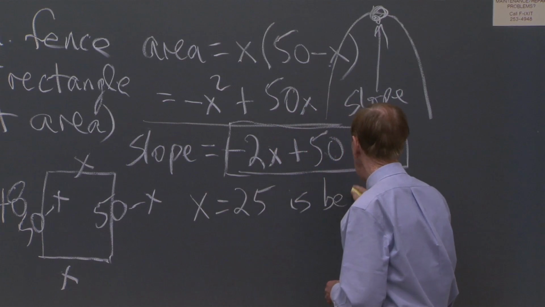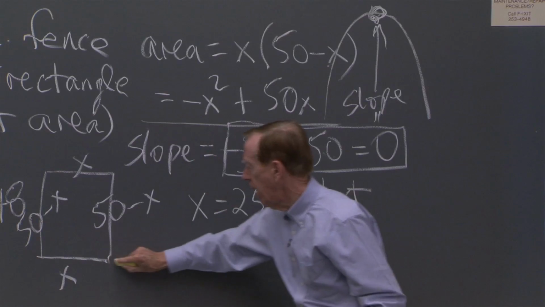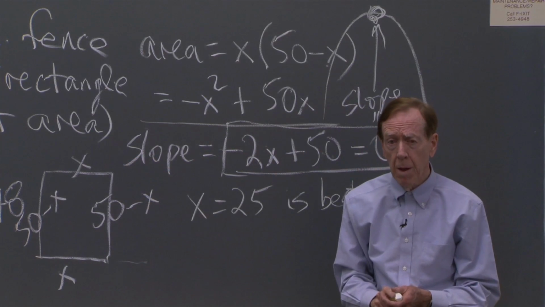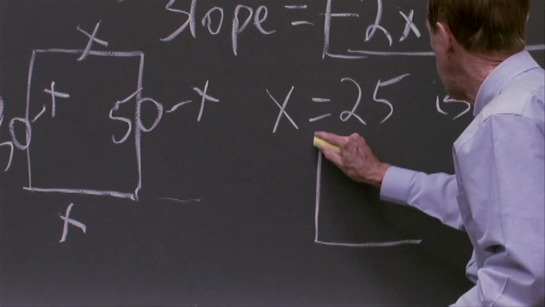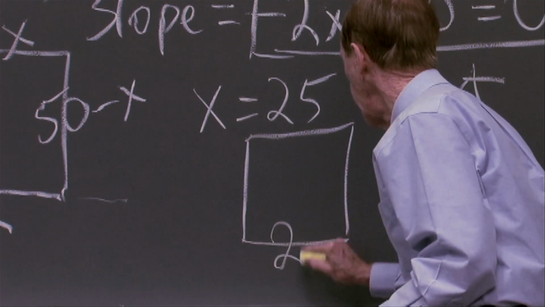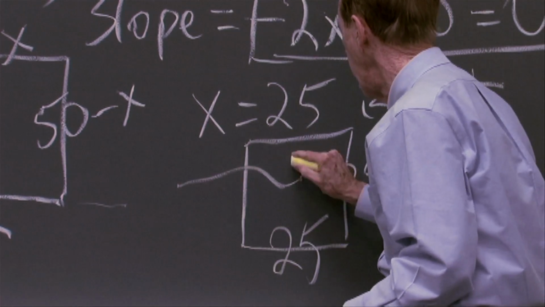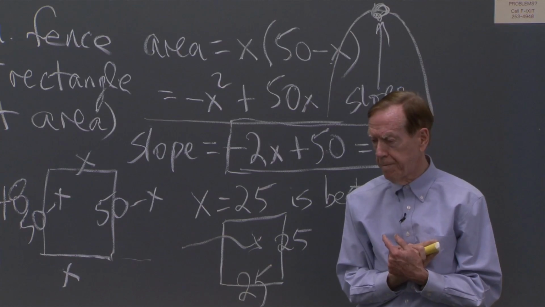And what do we see? What's the picture look like when x is 25? If that's 25, then 50 minus 25, this is also 25. We're getting a square now. This square here is 25 each way. 25, 25. And the area? What's the area? Can you square 25 in your head?